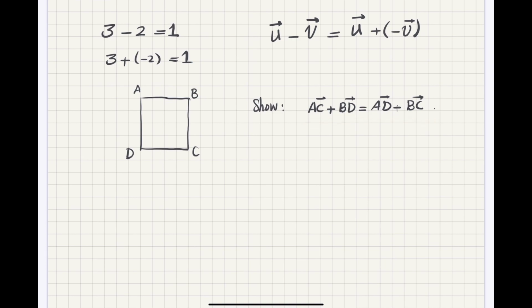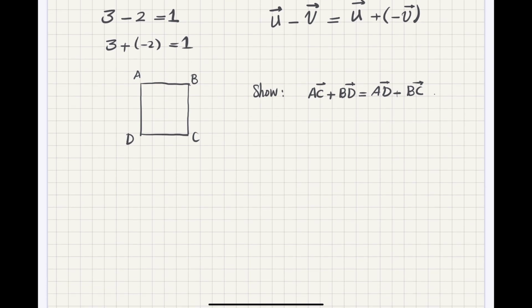Okay, how should we do that? First of all, I want you to understand this is not at the level of the length of these vectors, because what is vector AC? Vector AC is this diagonal. What is vector BD? Vector BD is the second diagonal. I am asking you to show that if I add this diagonal to this diagonal, it becomes equal to AD plus BC.